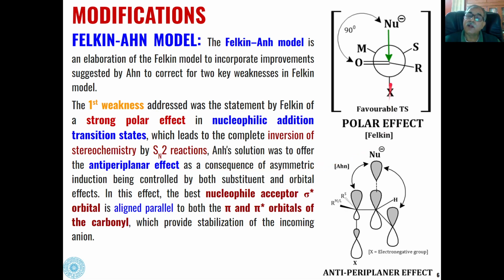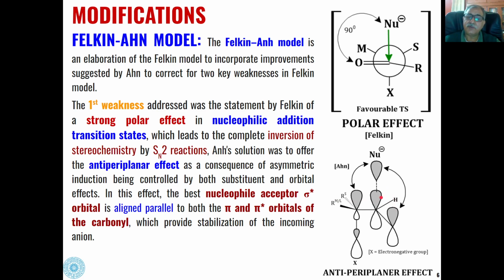So when there is an electronegative group present, the polar effect comes into play as far as the Cram model is concerned. And as per the Felkin-Anh model, the anti-periplanar effect as a consequence of asymmetric induction is there.